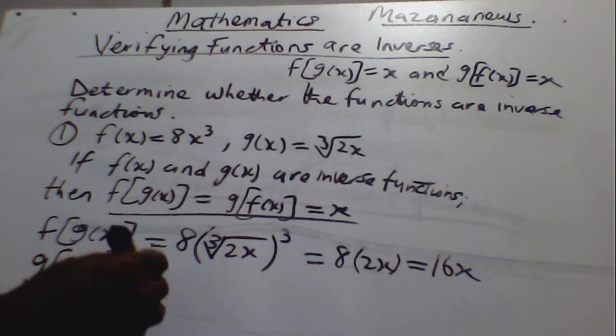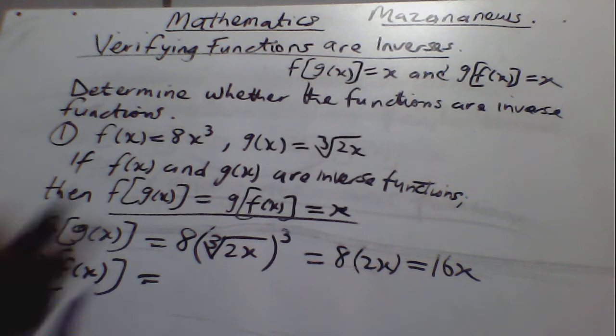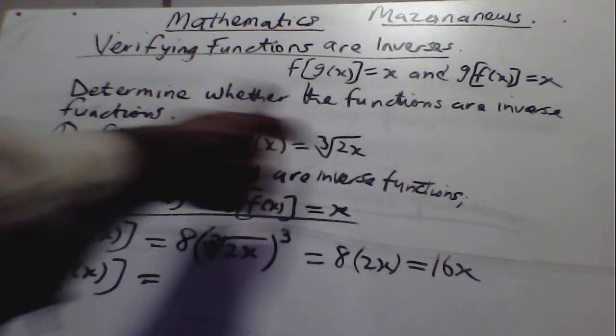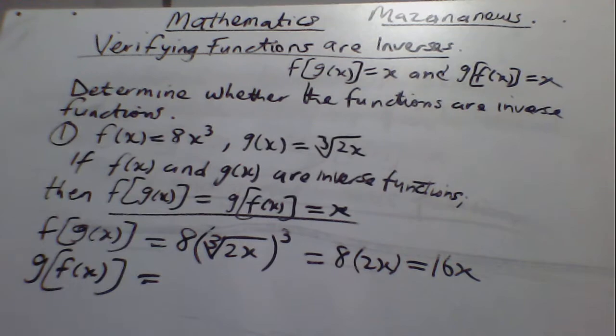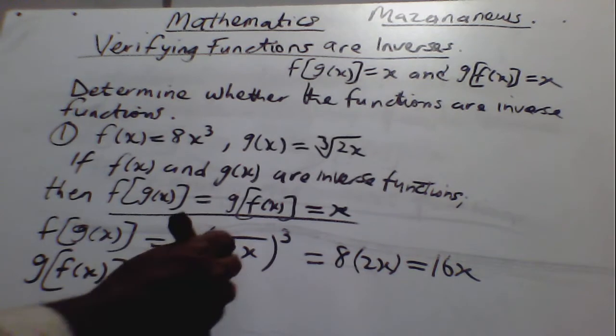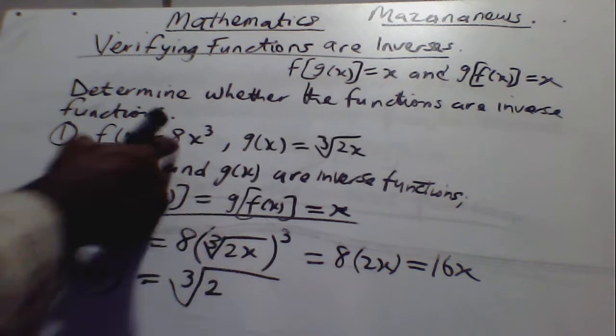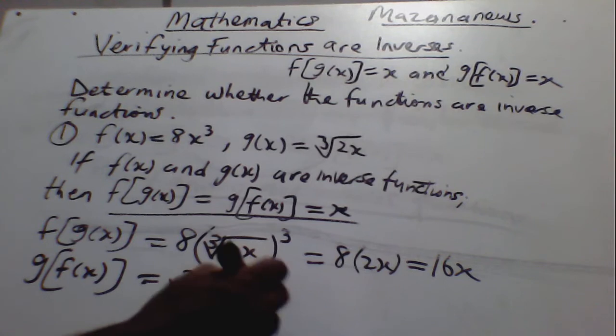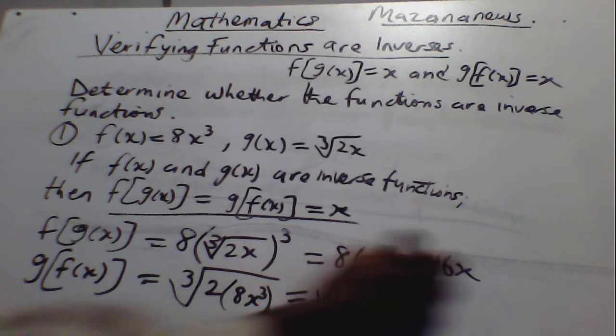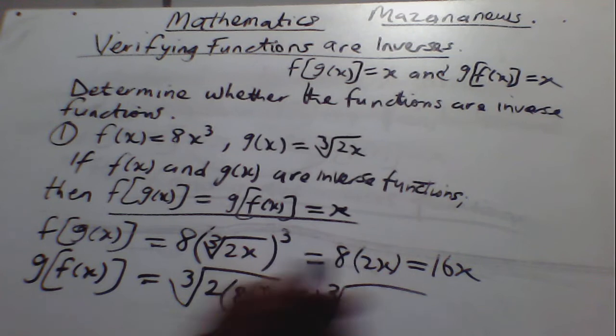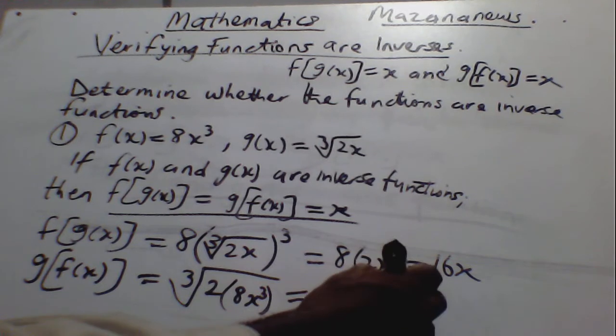So this will give us what? You take all these values and put them here in x. So this will give us 3 times the cube root of 2, and you put everything wherever you see x, 8x raised to power 3. So this will give us, opening bracket, 16x raised to power 3.